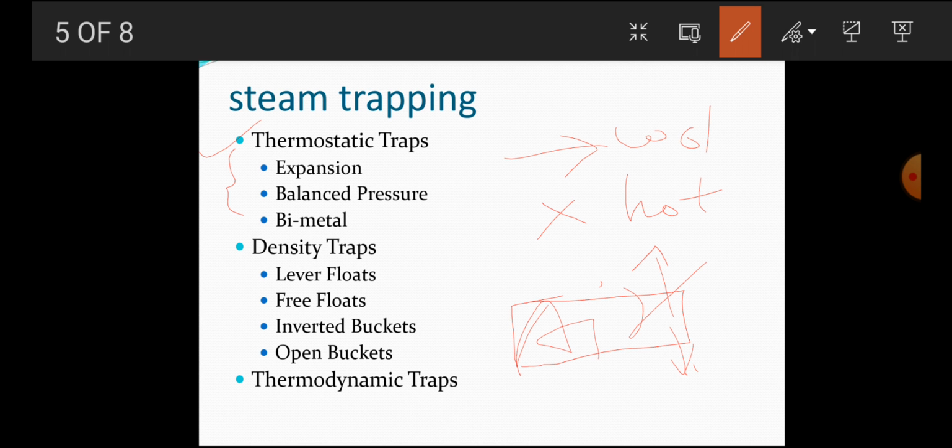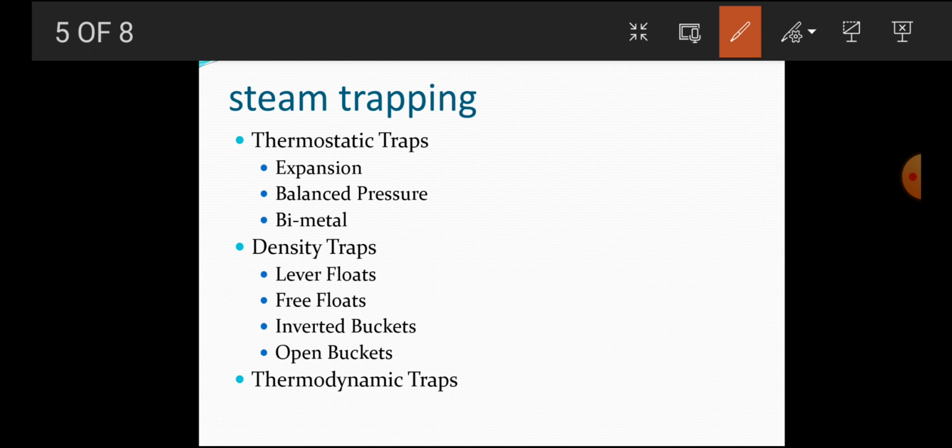So in an expansion trap, there are internal fillings which expand and contract, due to which the valve is operated.